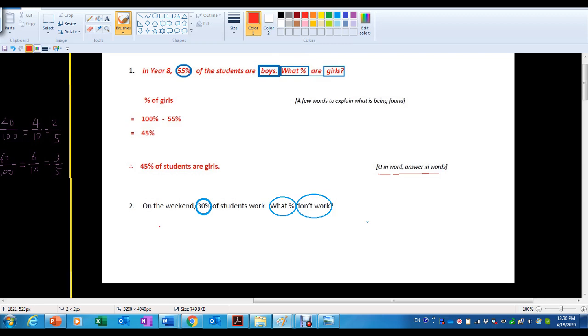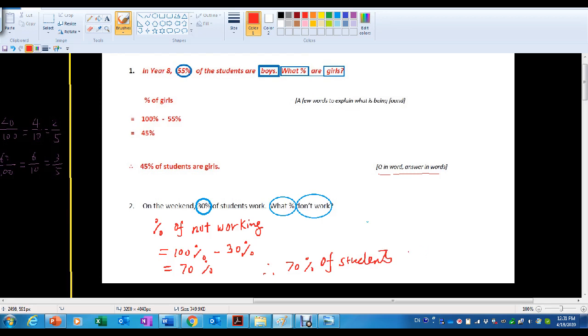Your answer should be: percentage of not working equals 100% minus the percentage of those who work, right? So that would be 70%. The answer is 70% of students don't work.